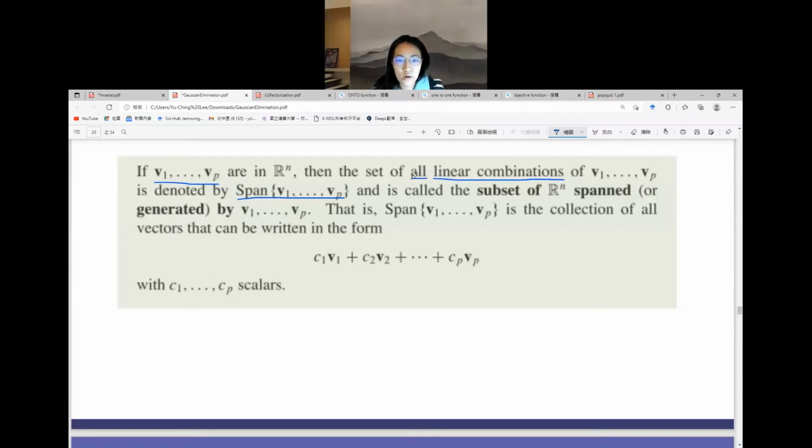And "all" means that we can choose any scalars to combine them. Back to the RGB example, we are combining vector R with vector G and vector B, choosing any scalars to combine them together. So what would be the result of all linear combinations? Can you imagine?